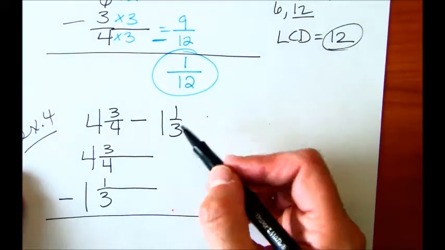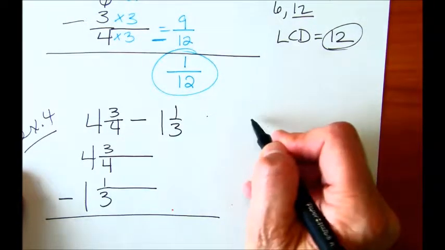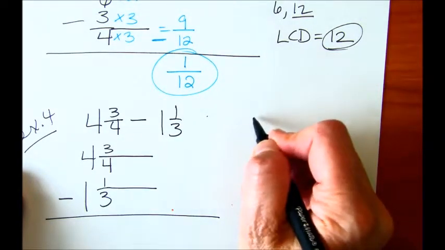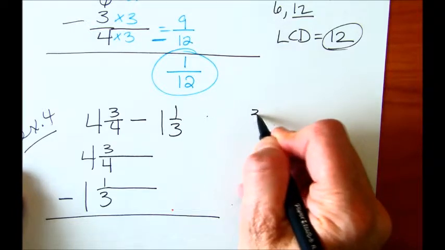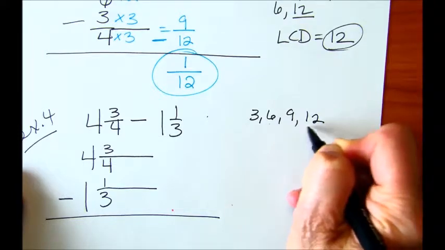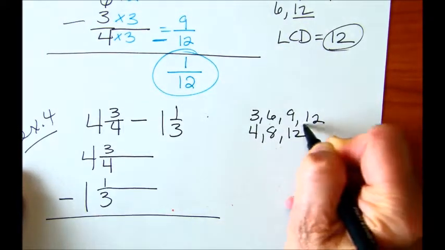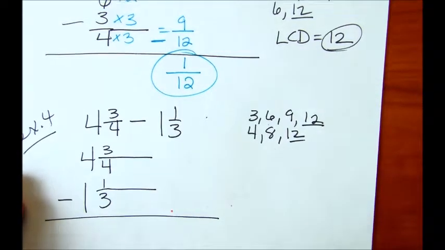Okay? So 3 does not go into 4 evenly, so we need to find a common multiple or a common denominator, and I'm going to go 3, 6, 9, 12. I think it's going to be 12. Let me check. 4, 8, 12. Yep, that's the lowest one.